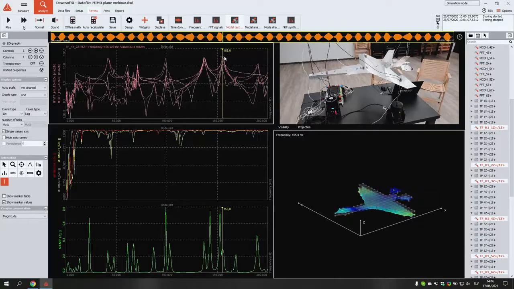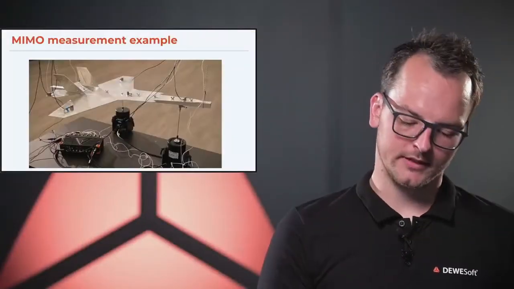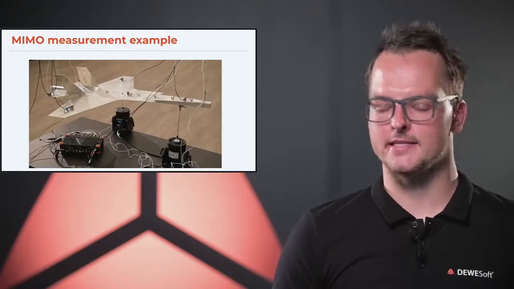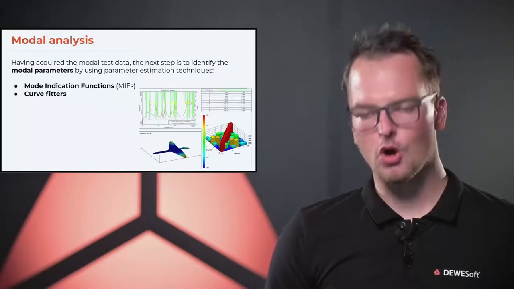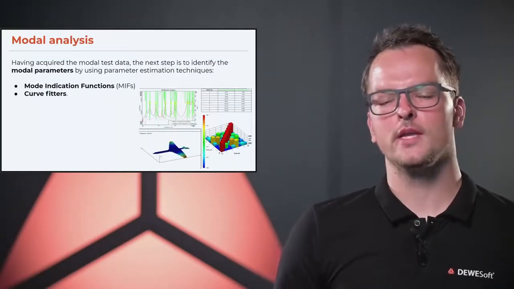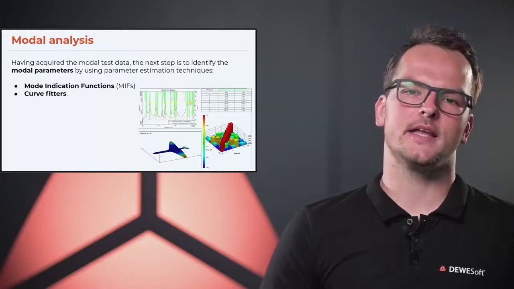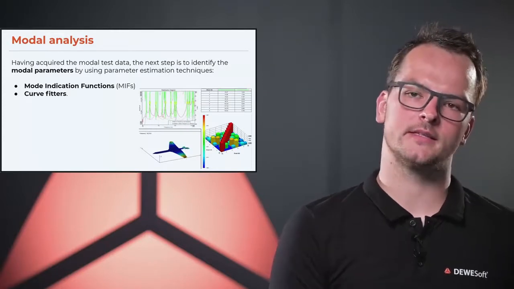Okay, so these are the capabilities of modal test. It's basically meant for a brief analysis of our data and animation. If we want to go a step further, we need the modal analysis module. This is the next step after acquiring the modal test data.